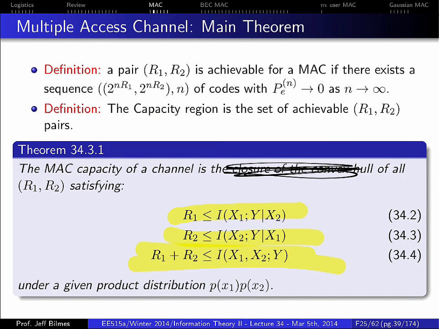So if x1 and x2 were allowed to communicate, there'd be no way of communicating more than the max over the joint distribution px1 and px2 of that quantity. But that's just mutual information.